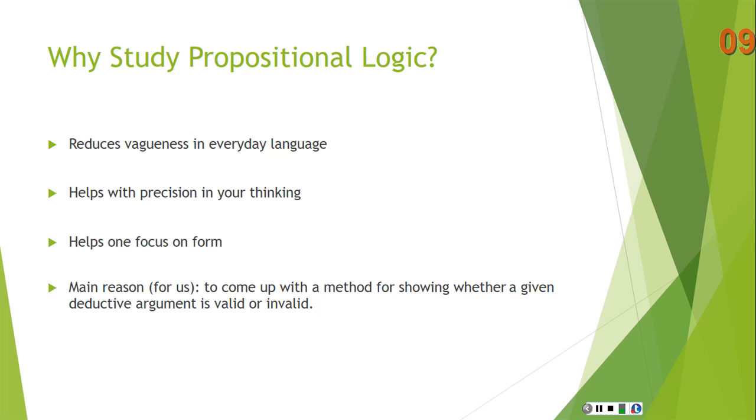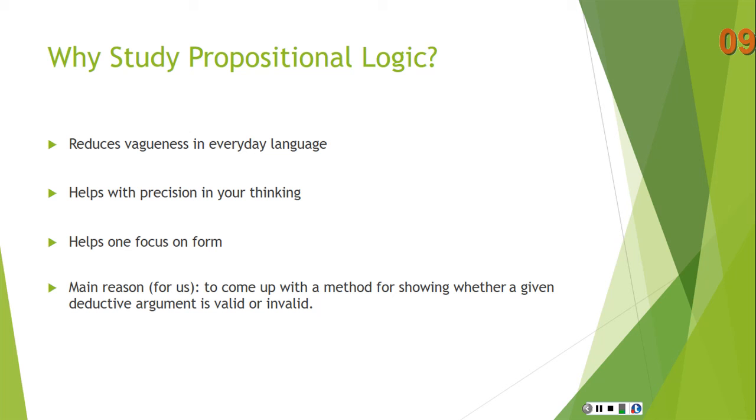And that has to do with the form of the argument. It actually really doesn't have to do with whether or not the premises are true. That is soundness. Soundness is validity plus truth. Validity has to do with the form of the argument. The form of the argument is such that if the premises are true, the conclusion must be true.